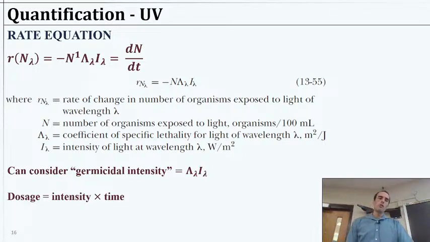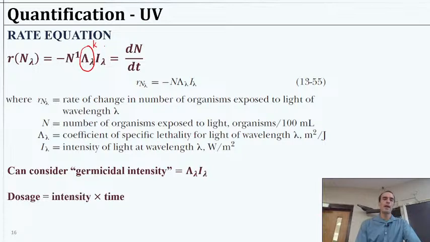So we've got some fancy terms here, but the overall rate of destroying some pathogen using some wavelength of light, the lambda, we'll say that's equal to negative N to the 1 power. So this is our concentration, first order dependence, times this capital lambda. I had to look this up last time. This is capital lambda with a subscript lowercase lambda. We're just going to use this as k, essentially.